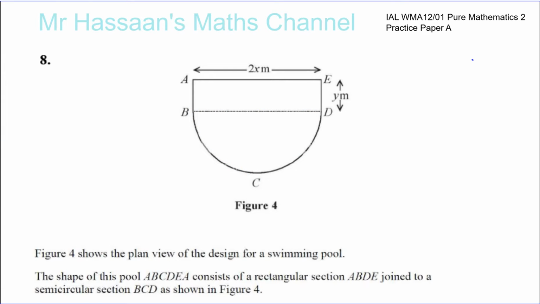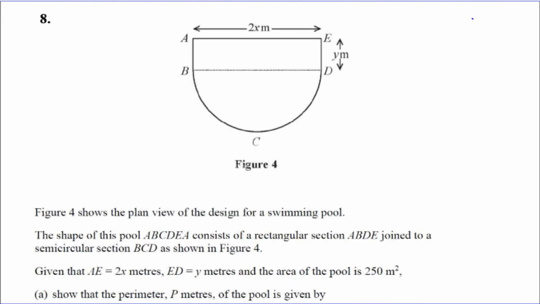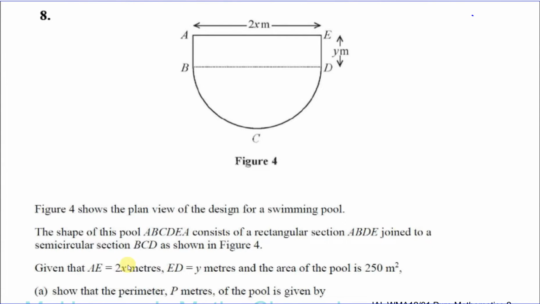And they've told us some more information. They've told us that given that AE equals 2x, that's marked, ED equals y, that means this must be y as well. Okay, because it's a rectangle, and it means that the radius of this semicircle must be x, because that's going to be the midpoint of that part.